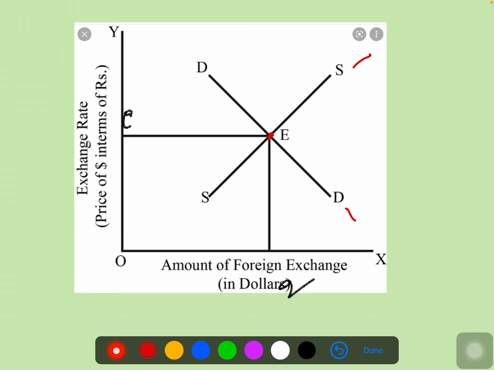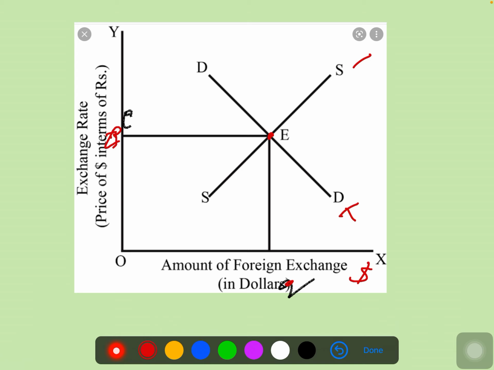This point is called equilibrium. This is the quantity and this is the rate that will be decided. How many dollars you pay, how many Indian rupees you exchange for it, is decided by the supply of your currency and the demand for your currency. This is how equilibrium is decided.